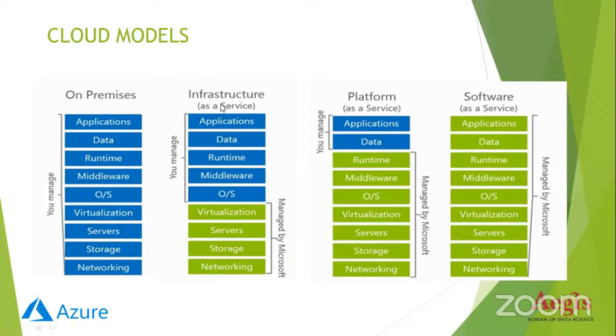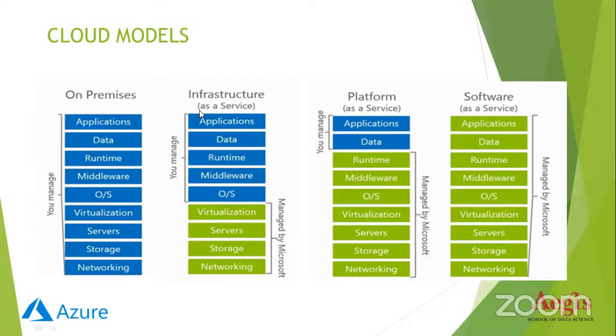Then the second option is infrastructure as a service. So we get infrastructure as a service. For example, if you want to use one virtual machine, you just create that virtual machine and use it. What we have to manage, if you see the blue part, is application, data, runtime, middleware, OS.